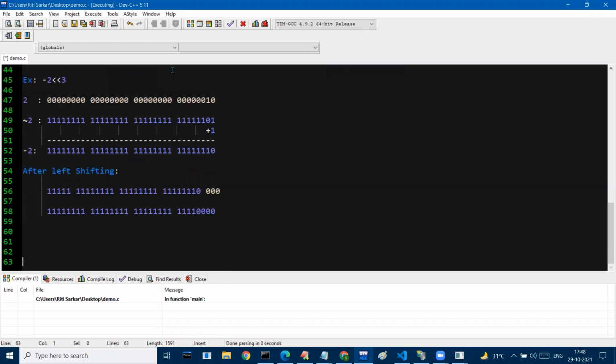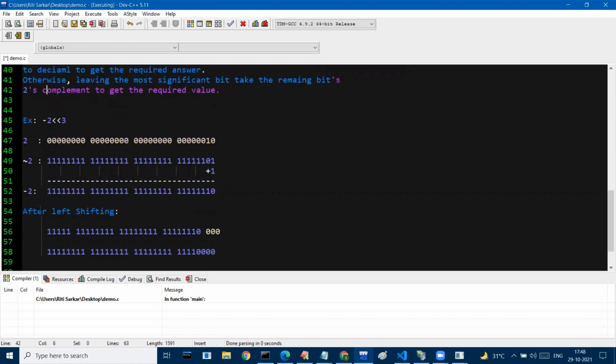Now you see here, this is the most significant bit, which is 1. They are asking to leave that bit and take the remaining bits.